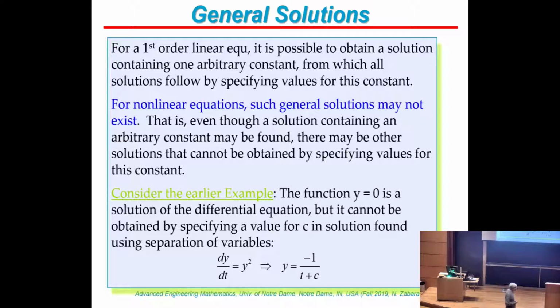The other thing we said is that in linear equations, we get these general solutions defined with some constants of integration. In nonlinear equations, even if you have a general solution with some constants of integration, there may be other solutions that there is no way you can get by plugging in different values to these constants. And here is one example.